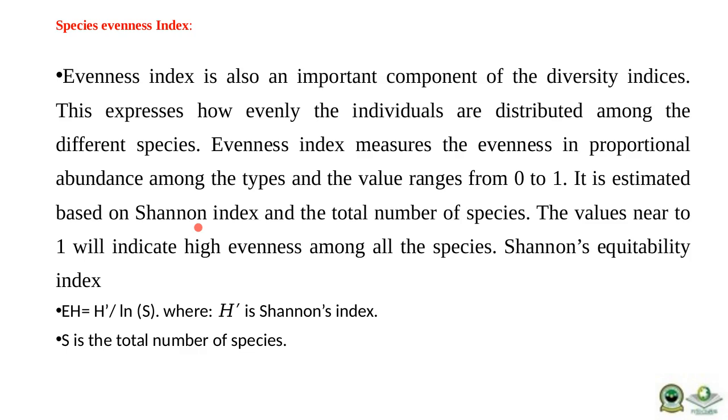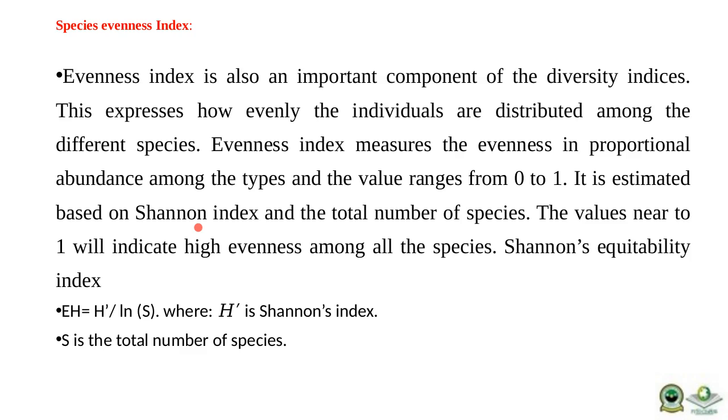The evenness index measures the evenness in proportional abundance among the types, and the value ranges from 0 to 1. The values near 1 indicate high evenness among all the species.